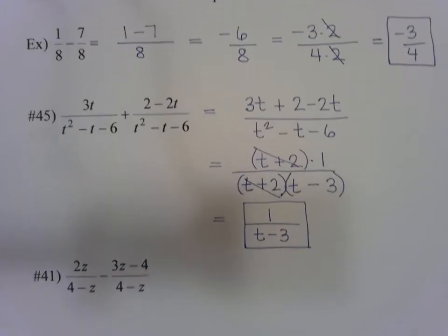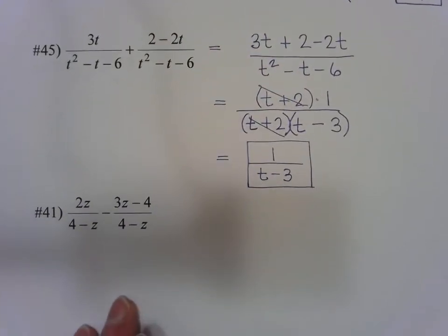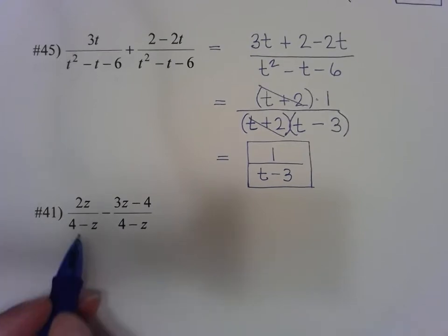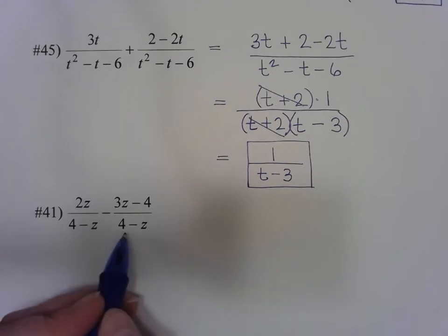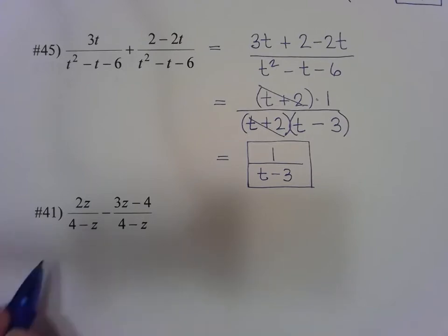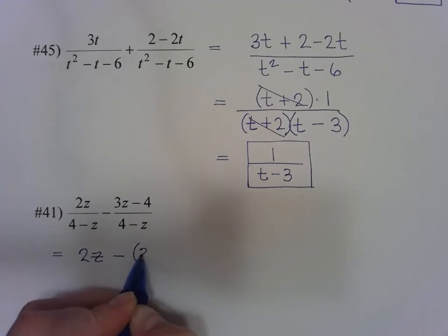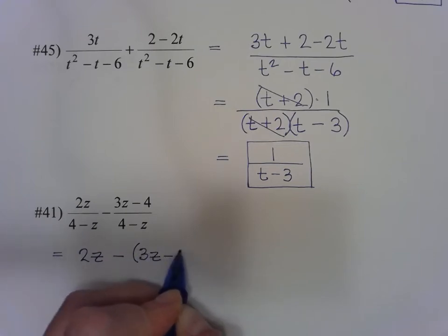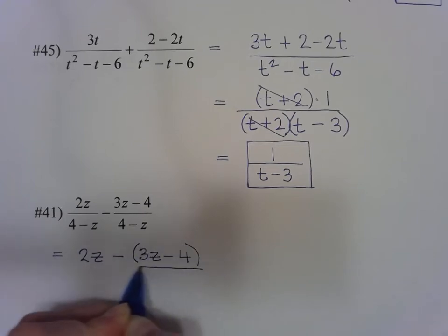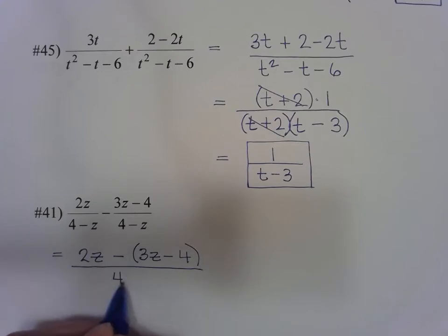All right, let's try another one. This one is subtraction. We also have a common denominator. So I'm going to write it as one fraction. For subtraction, I like to put the second fraction's numerator in parentheses because I need to distribute this negative that I'm using for my subtraction.